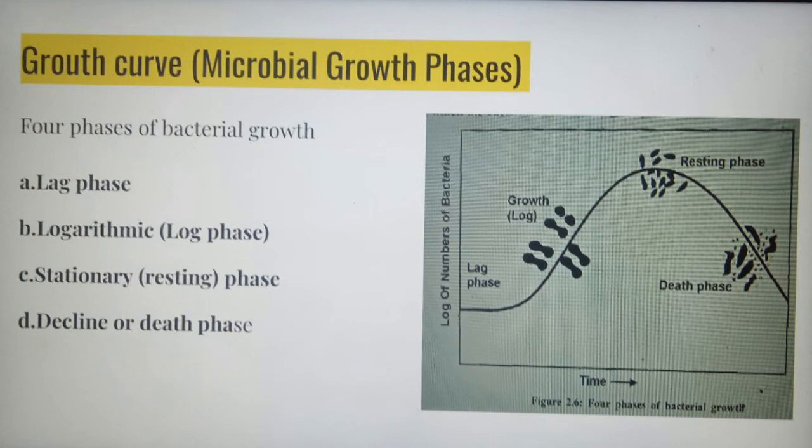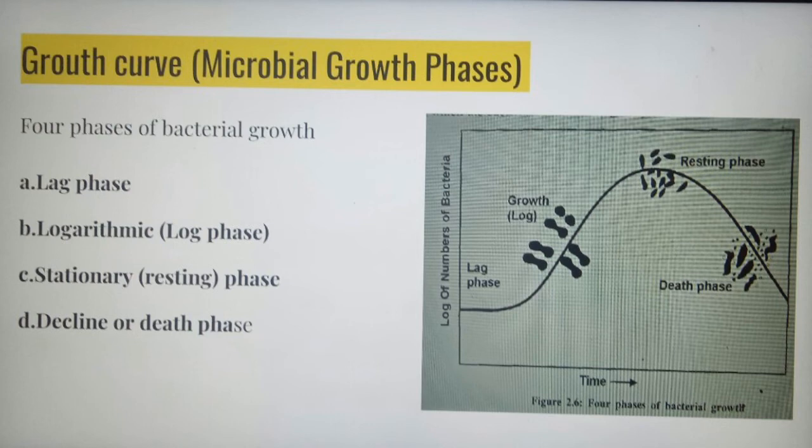Then we have the log phase, which is also known as the logarithmic or exponential phase. Following the lag phase, the cell starts dividing by binary fission. Now, what is binary fission? That is, one cell is divided into two in each cycle, thereby doubling their number with each successive cycle of cell division.